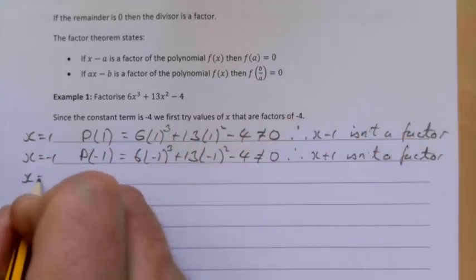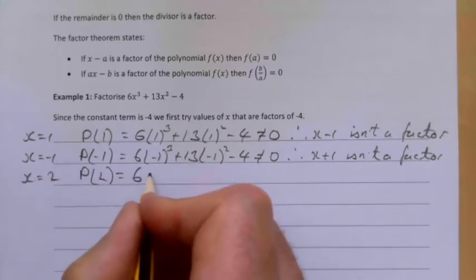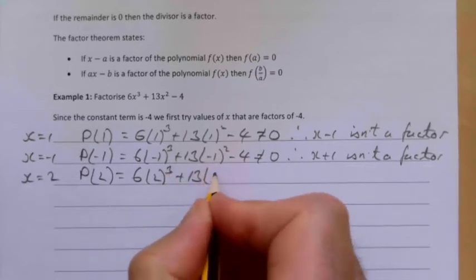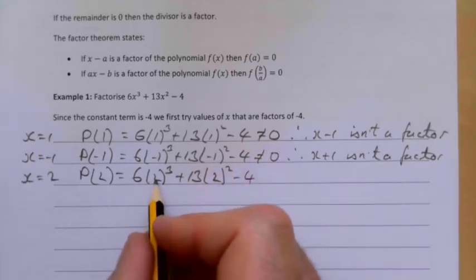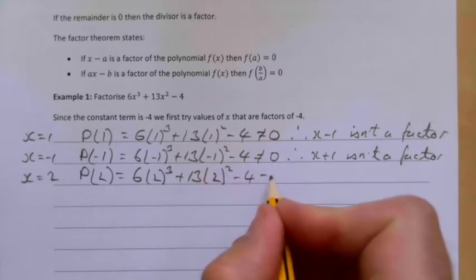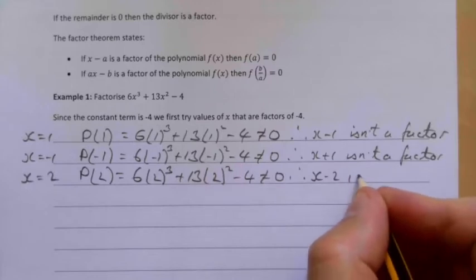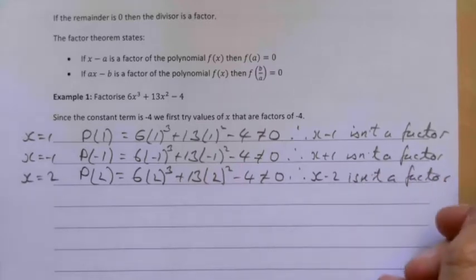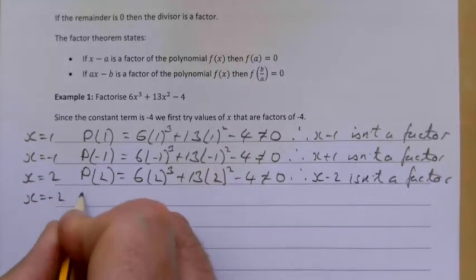So let's try 2. P of 2. 6 upon 2 cubed plus 13 upon 2 squared minus 4. 2 cubed is 8. And this is a big number, and you're taking away 4. It's not 0. We know that. Therefore, x minus 2 isn't a factor. Now x is minus 2.